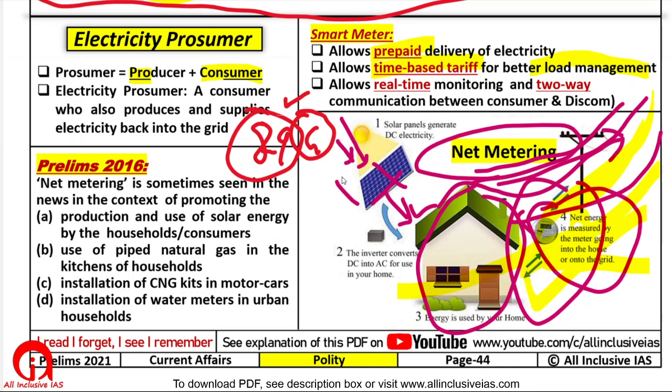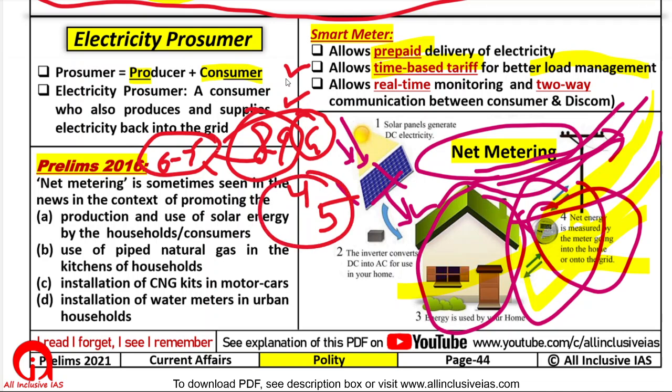Now since you have a smart meter, the government can say that those people who put extra load not during 8 to 9 but during an earlier time like 6 to 7, wake up early, switch on the geyser, then switch it off. If you wake up early and put load on the grid during non-peak hours, then instead of 5 rupees per unit, we will charge you just 4 rupees per unit. So you will be happy. Such things are allowed by the use of smart meters.